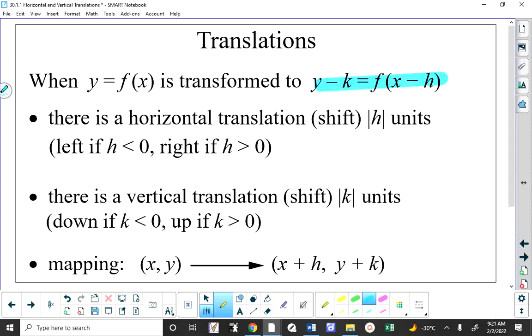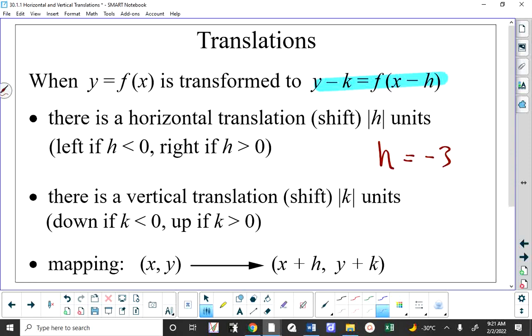The result is that your mapping is always whatever h is gets added to x, and whatever k is gets added to y. The reason why it's added is because that would take into account if those parameters are negative or positive. So think about this for a second. If h is negative, let's just say h as an illustration is -3, that means things get shifted left 3.